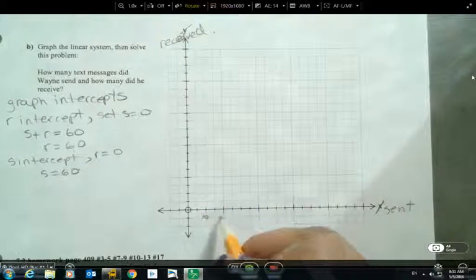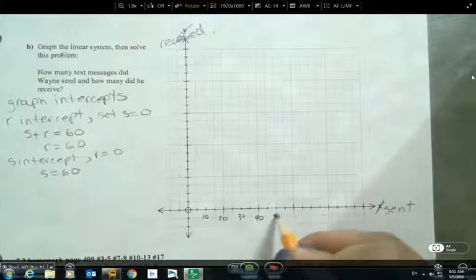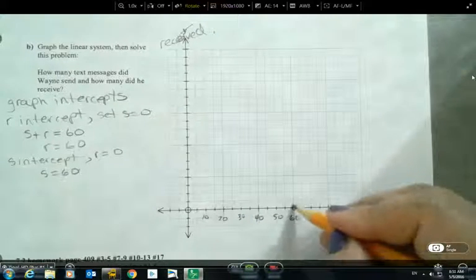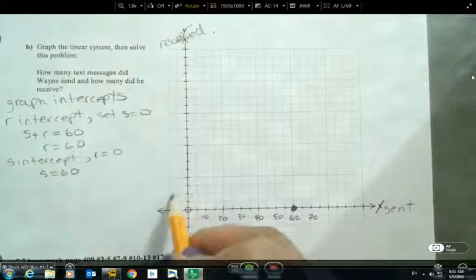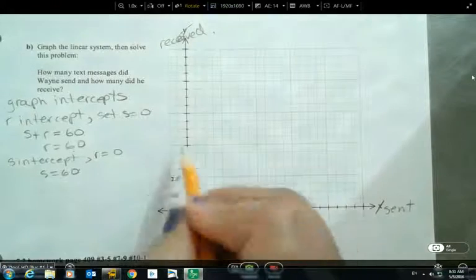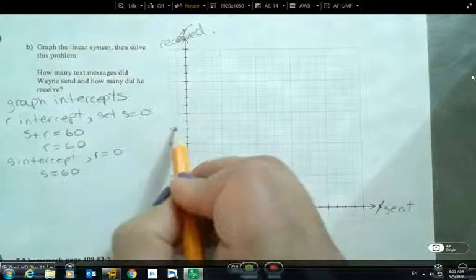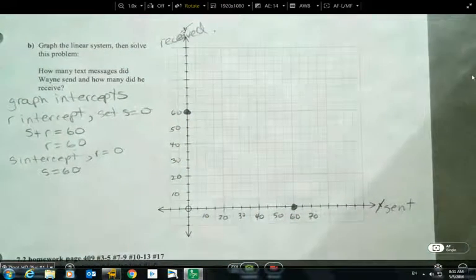Okay, so 10, 20, 30, 40, 50, 60, 70. Okay, so then I've got an intercept here, and I'll do the same thing for this side here. All right, and then I've got an intercept there. So get my ruler.